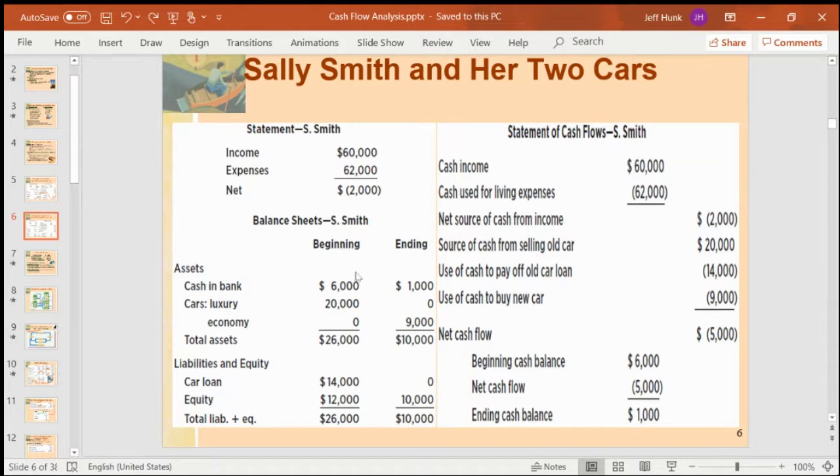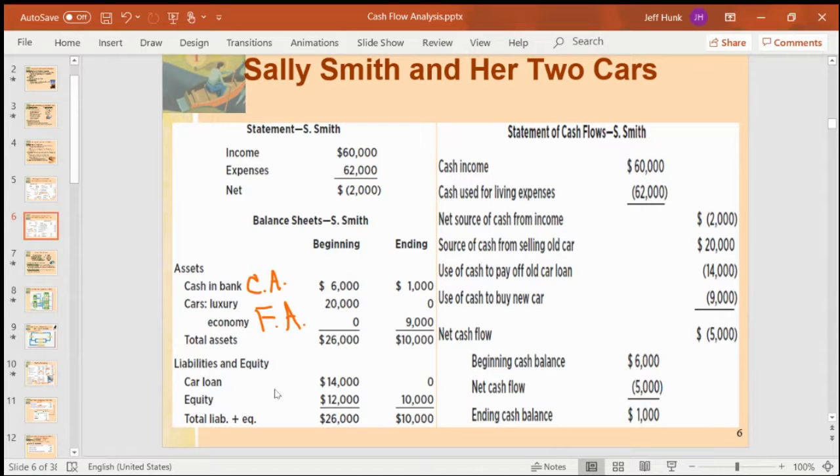This is our current asset, right? This is our fixed asset, or non-current asset. Okay, fixed asset.